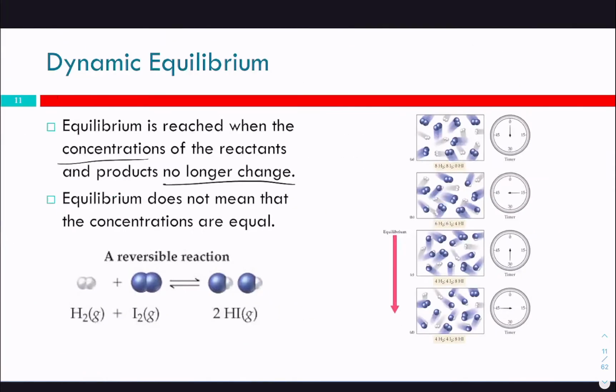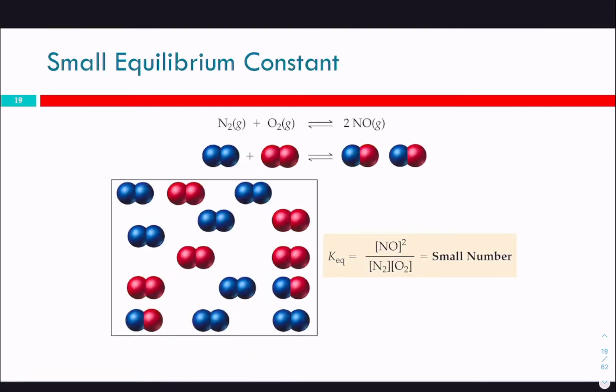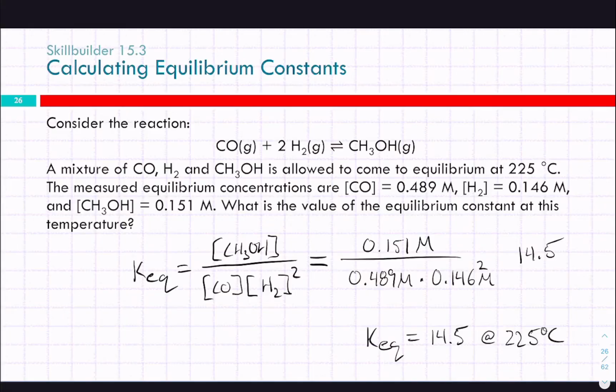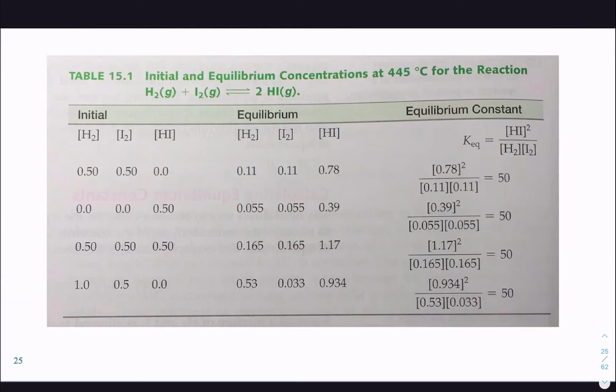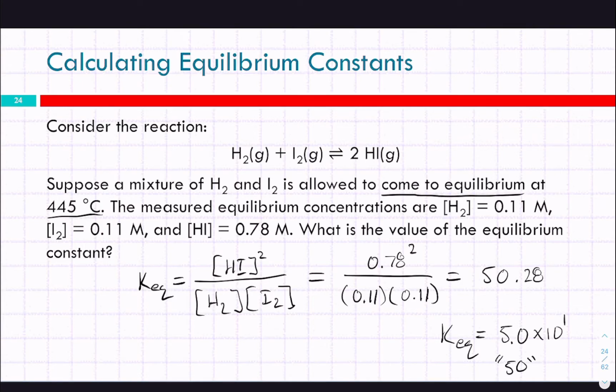So when you reach that point of dynamic equilibrium, you can put together an equilibrium constant, right? Because if the concentrations stay the same for a reaction at equilibrium, then we can use the ratio of those concentrations of reactants to products to determine what that point would be for any reaction.